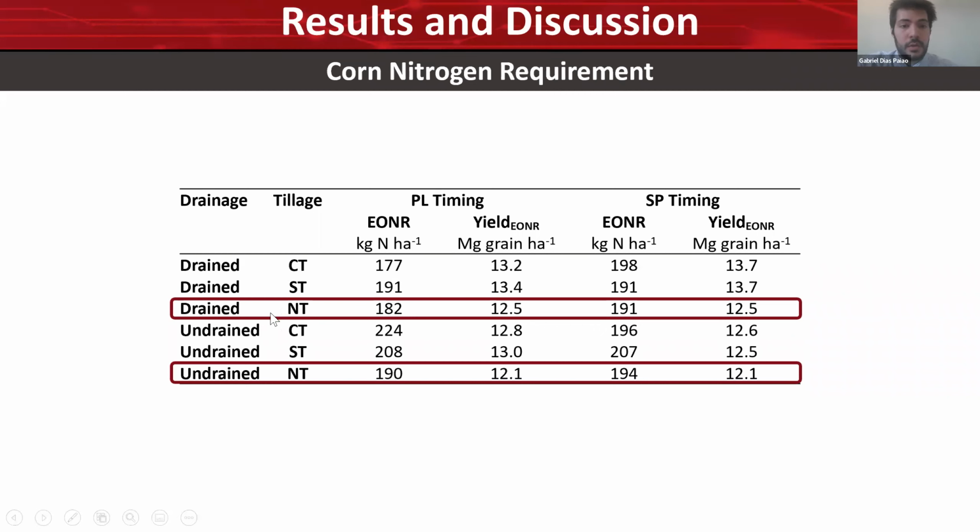And then for no tillage, we can see that under undrained conditions, it requires less nitrogen than conventional tillage and strip tillage, but it also has a lower grain yield at UNR. And for drained conditions, it has a similar UNR, but also produces less grain yield. So this just highlights again that the no-tillage system has a lower utility compared to strip tillage as a conservation tillage practice for corn production.